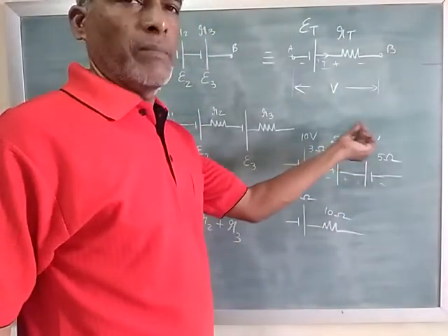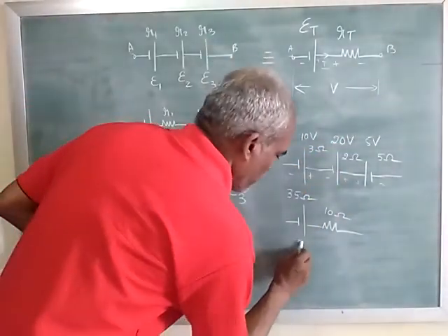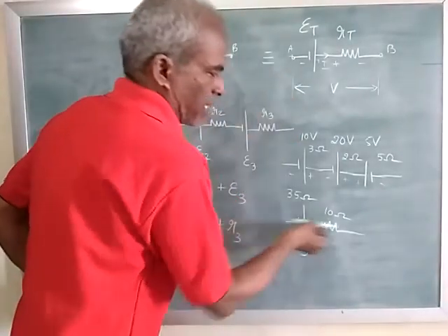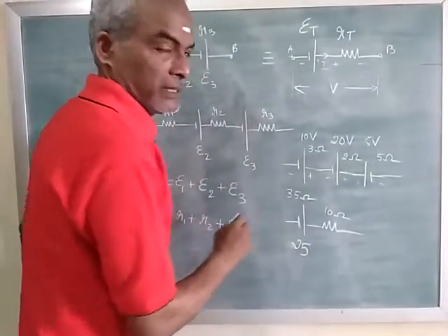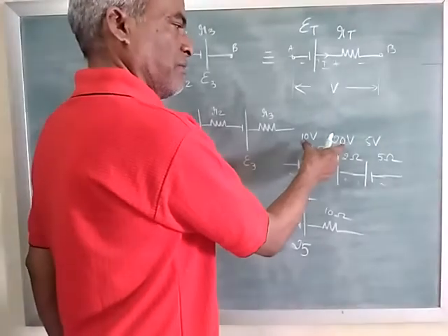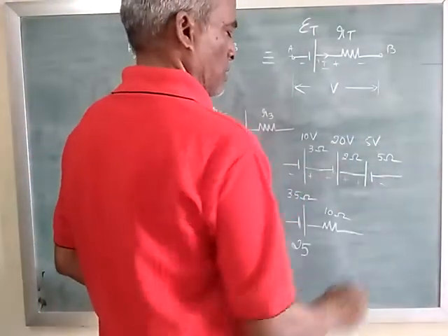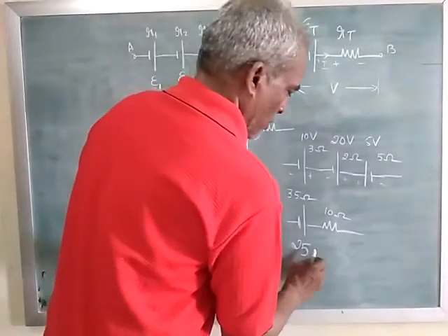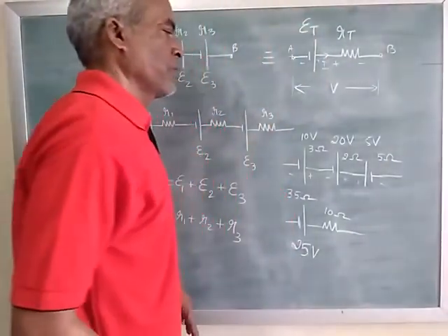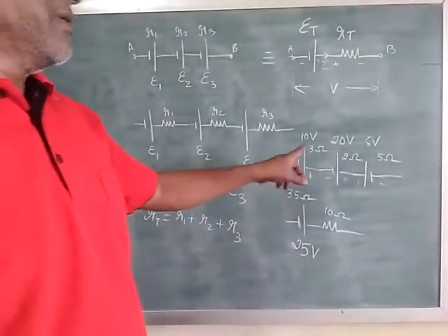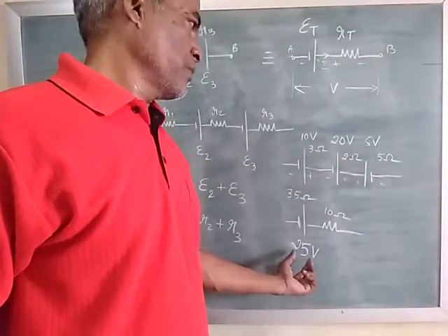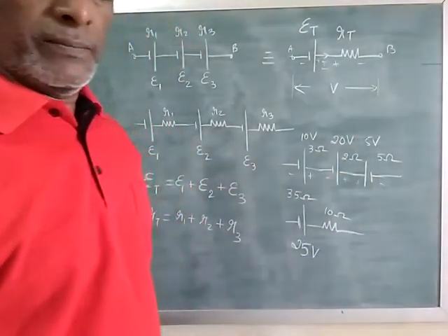So 30 minus 5, you will get only 25. And the polarity will be like this, because this is greater than this one. So 25 volts, and the resistance will not be altered.